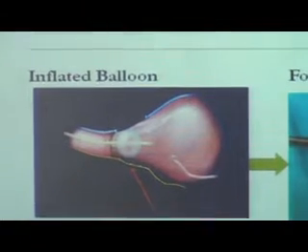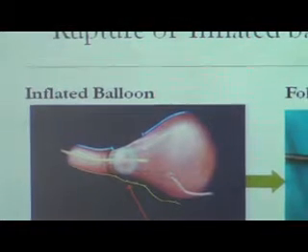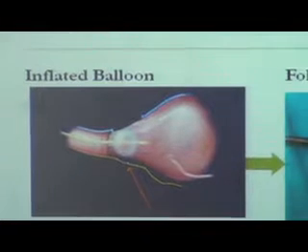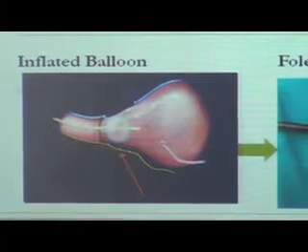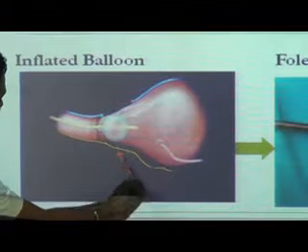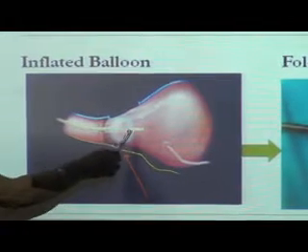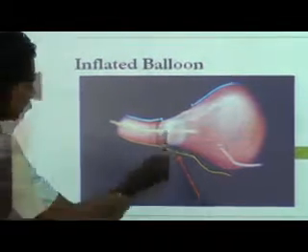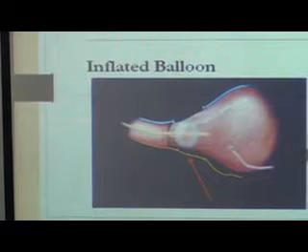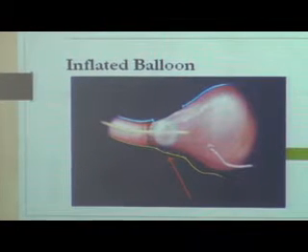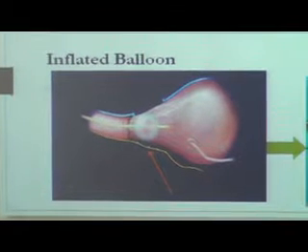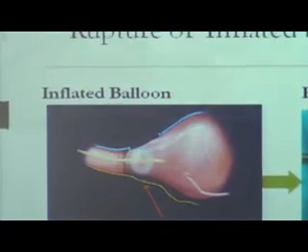We can see in this diagram, this is the inflated balloon. Going ultrasonographically, I can see the balloon on the ultrasound, rupture it from here, and once it ruptures, the Foley catheter will easily come out, okay.